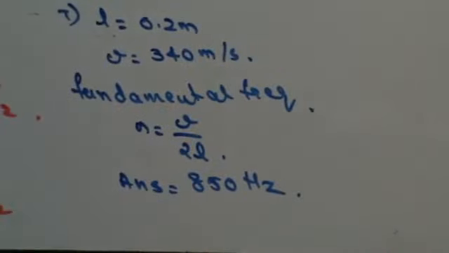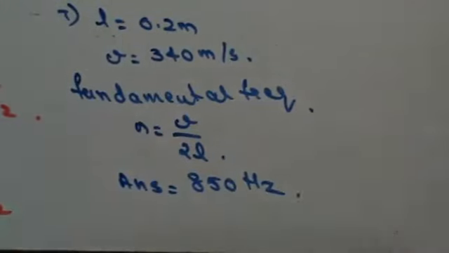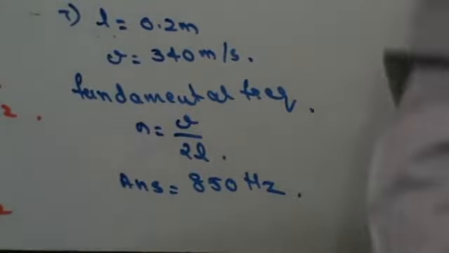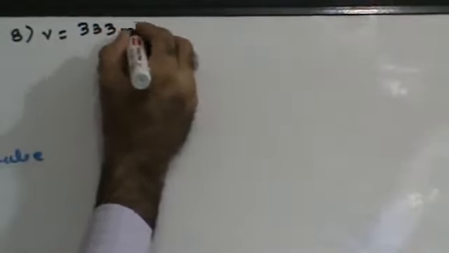The velocity of sound at room temperature is 333 meters per second.